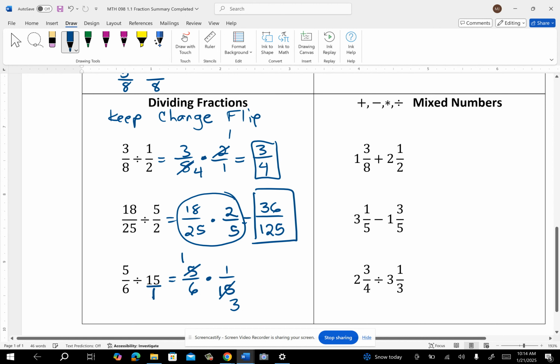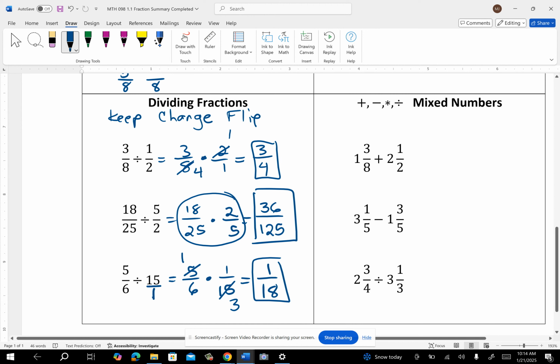Remember, you're dividing something in the numerator and something in a denominator. Like 6 and 3, I'm not going to divide anything out of those because they're both in the denominator. So this turns out to be 1 on top, 6 times 3 is 18 on the bottom, and that would be my final answer.